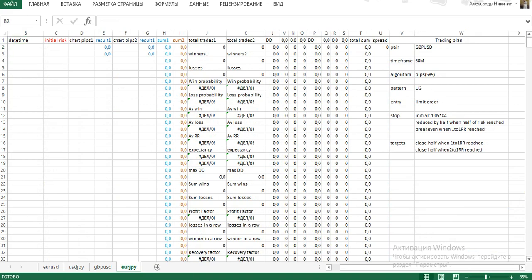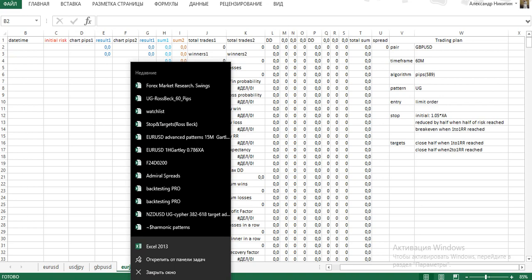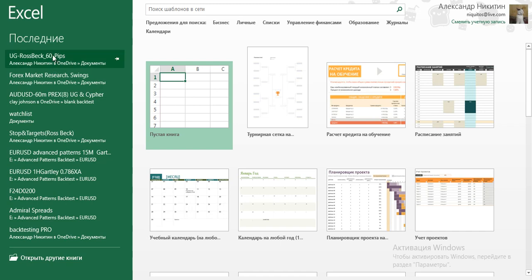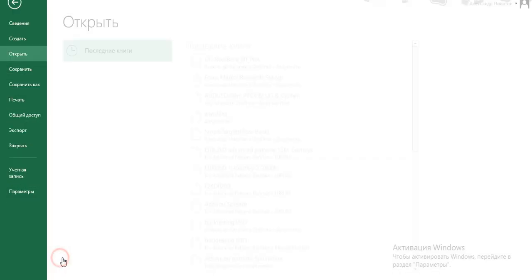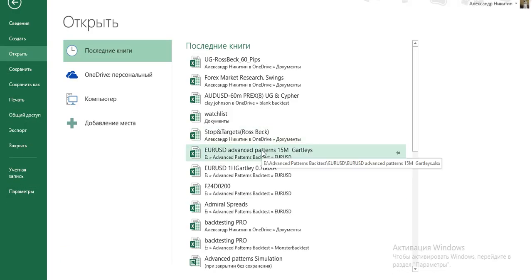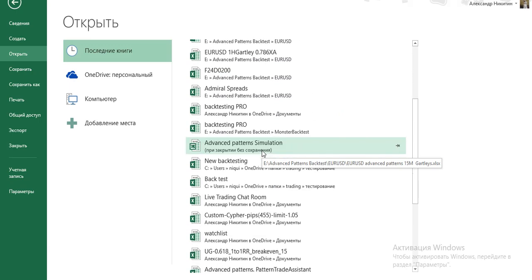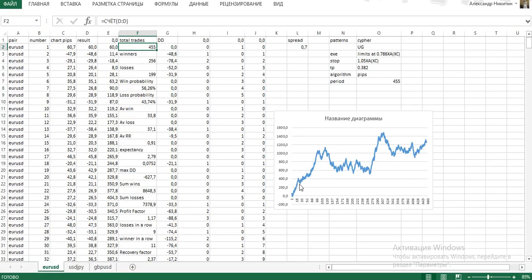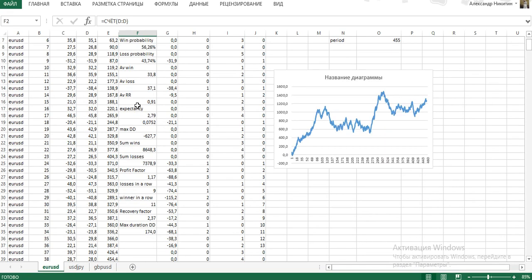Okay, and if we compare with previous results, let me open my other Excel spreadsheet, open other books. Let me show you. Okay. With the same algorithm, the same patterns, but different trade management, you can see that the results are very much different.